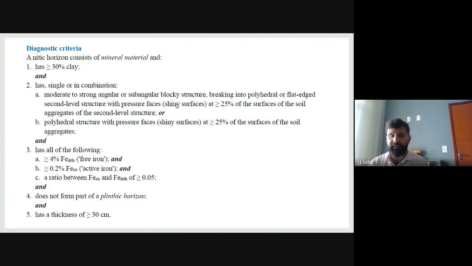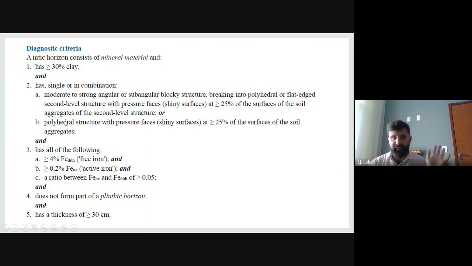In at least 25% of the material, okay? So it should present a moderate to strong angular structure following a block structure, and this block structure should break into a polyhedral or flat-edged second level structure.